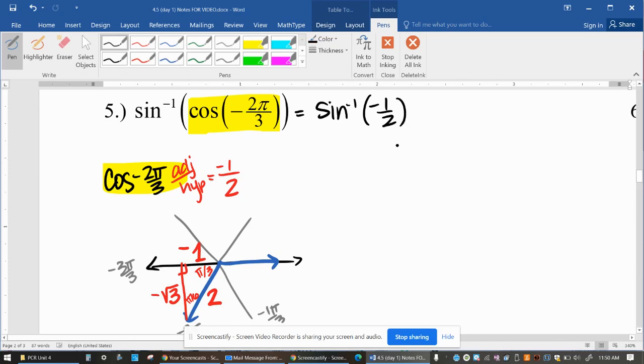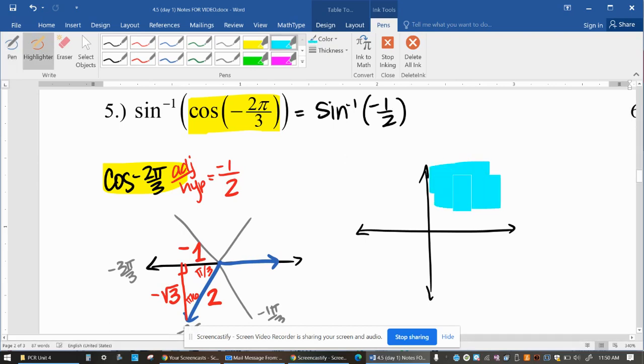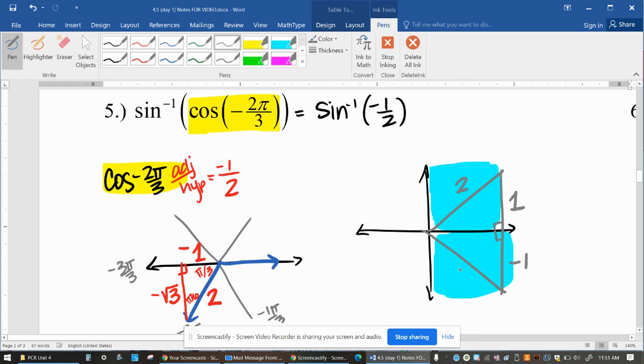Adjacent over hypotenuse. And now we're going to find the sine inverse or inverse sine of negative a half. So sine inverse is restricted to quadrants 1 and 4. But because it's negative, it's going to be the one in quadrant 4, okay? Okay, so we want the reference angle, right? We need to figure out what it is, but we want opposite over hypotenuse to be negative 1 half.